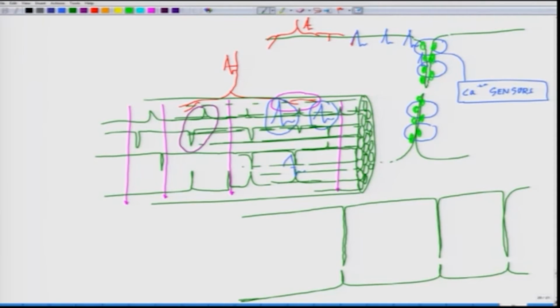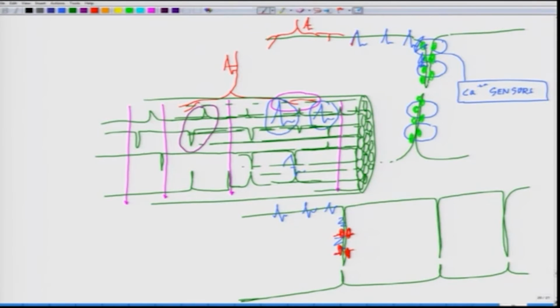Now, when the electrical signal comes, the electrical signal can go inside these places, because it is a gorge-like structure. You could see. So, the electrical signal comes here in the muscle, it spreads out here. Out here, it encompasses these. So, now I'm showing in red the DHPR and ryanodine receptors.